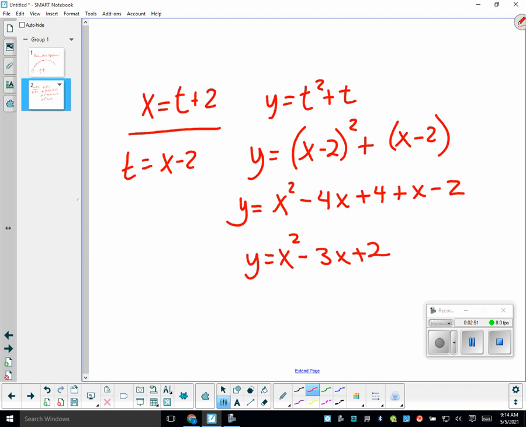And that's my answer. That is the answer. Huh? It said write an equation in rectangular coordinates.